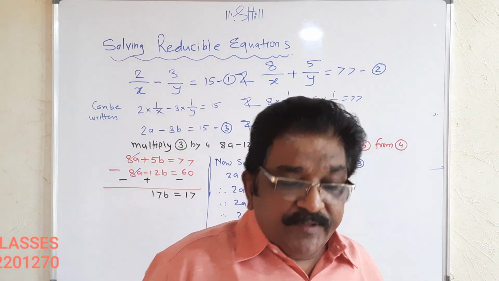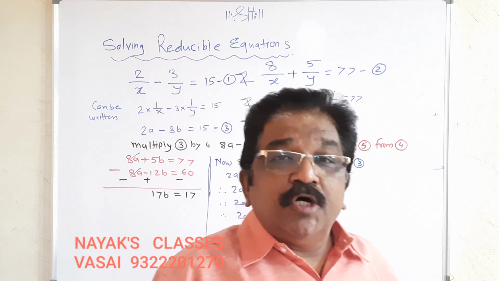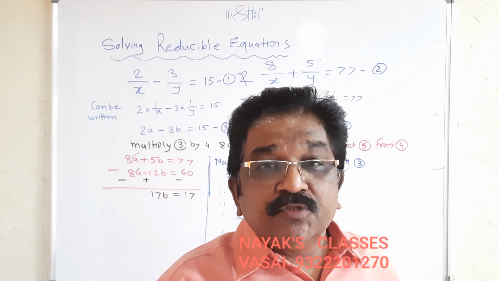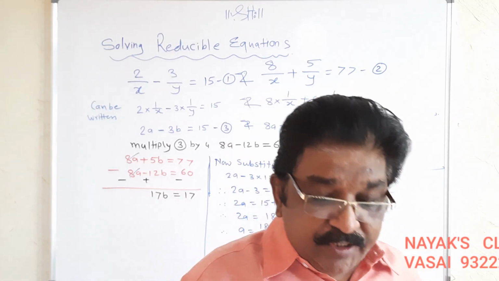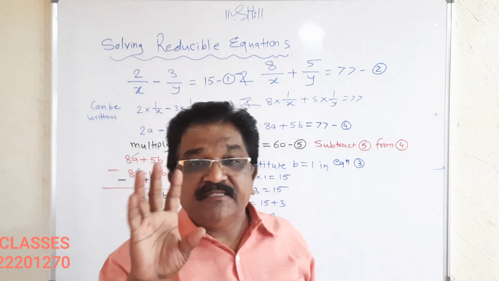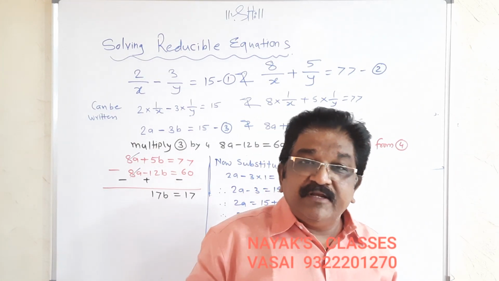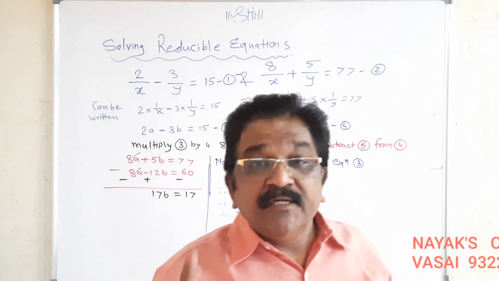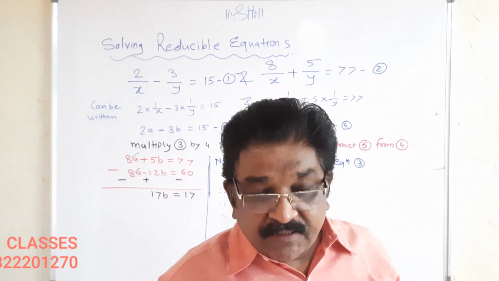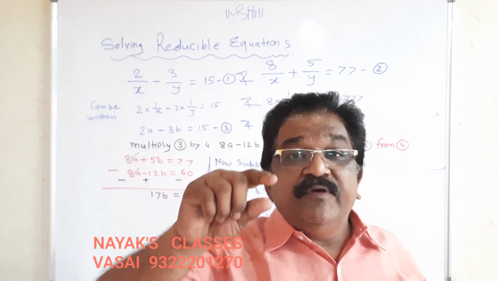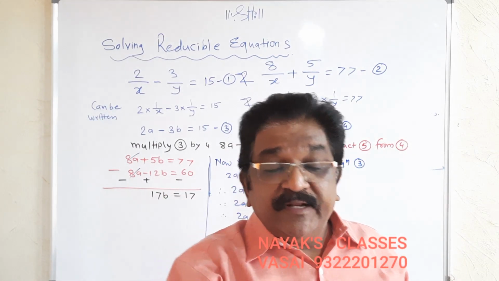We are starting today to solve the equations which are not actually simultaneous equations. In simple language, the given equations are not simultaneous equations. See, the variables are in the denominator.